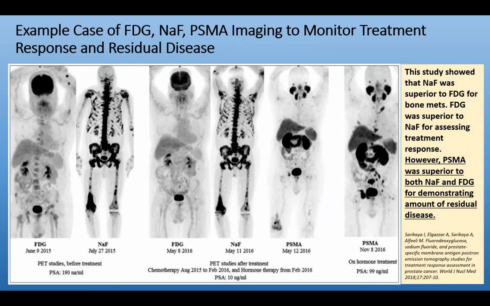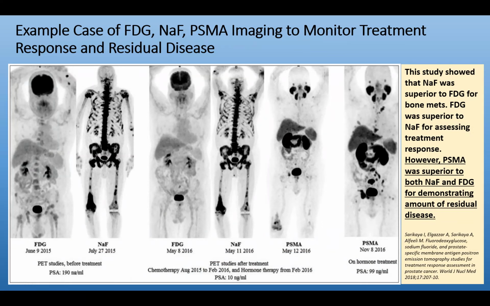So in the first set of images here, this is a patient, this is FDG, and then roughly 6 weeks later, the patient had a sodium fluoride bone scan, right? And you can see that in this case, the sodium fluoride bone scan was actually more sensitive than FDG in picking up the various bone mets.